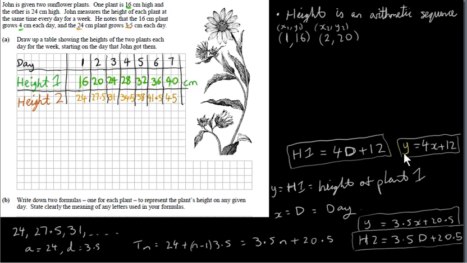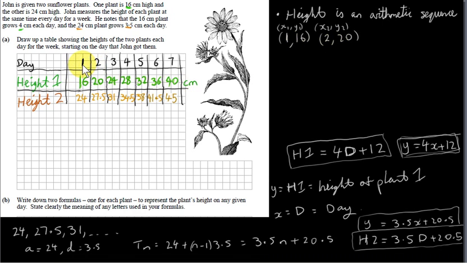Another way we could get these lines is to pick 2 points, say for plant 1. It's a fact that the graph for the height of plant 1 is a straight line, it's linear. And we can get the equation of that straight line by considering 2 points on it.